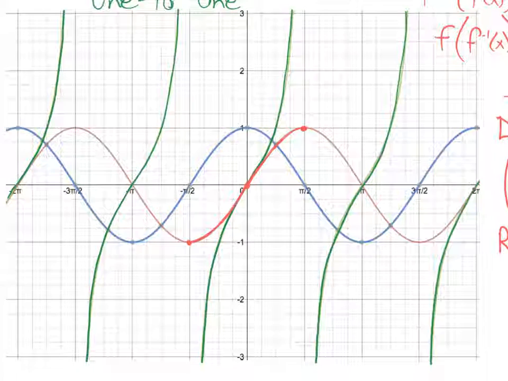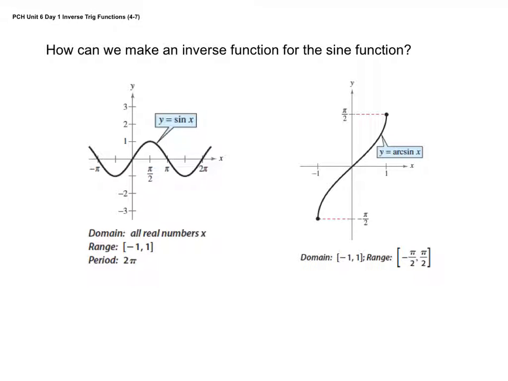So let's take a look at sine. We just said that we are going to limit the domain from -pi over 2 to pi over 2. So instead of having all real numbers, we're going to limit it, flip it, and now we can flip it like we have over here, and notice that it will pass the vertical line test.